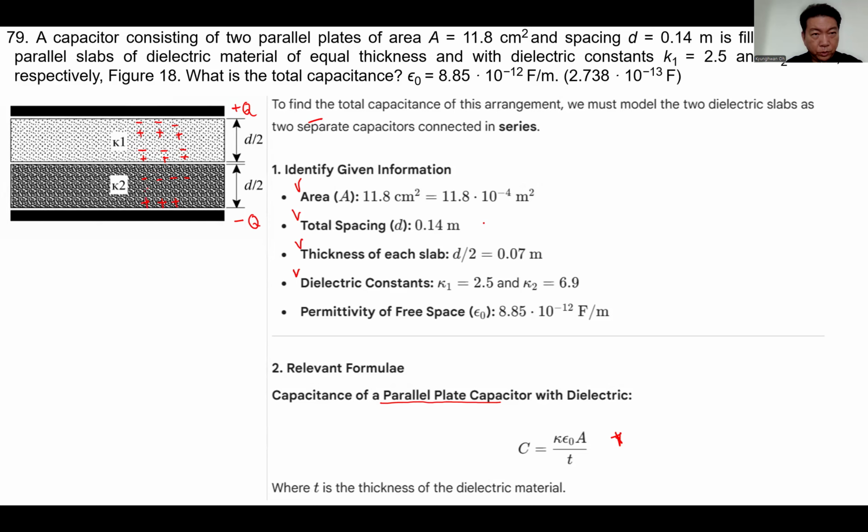So let's do it once again, plus minus, plus minus. I think I need to change the color. So for the kappa 2, if you look at this minus plus, minus plus, you have a minus here.